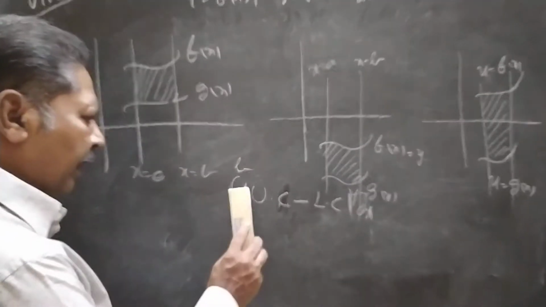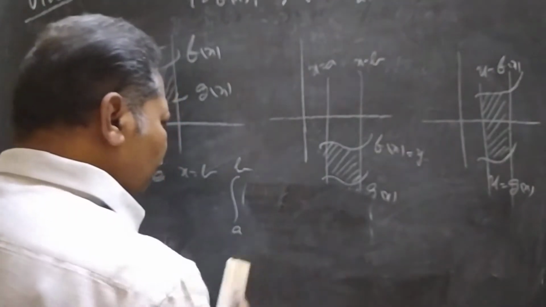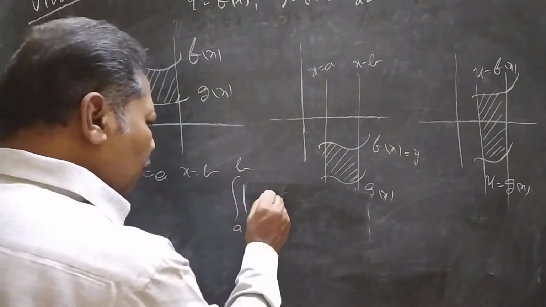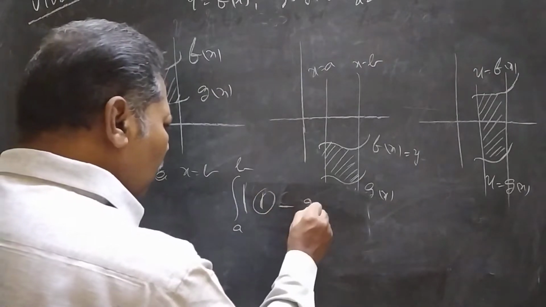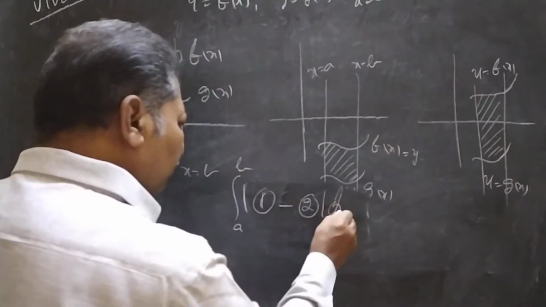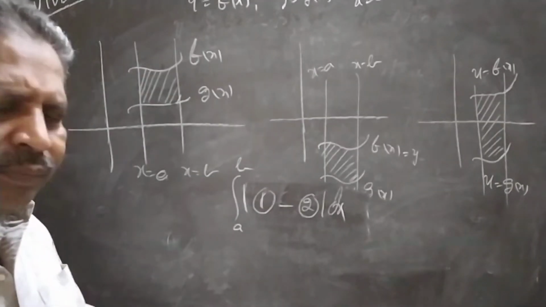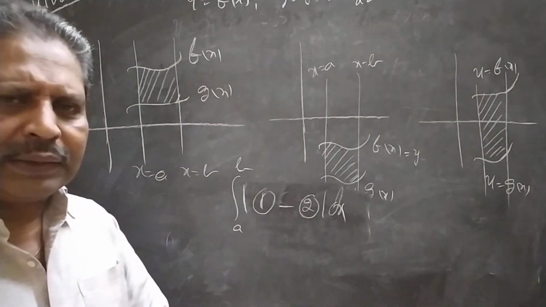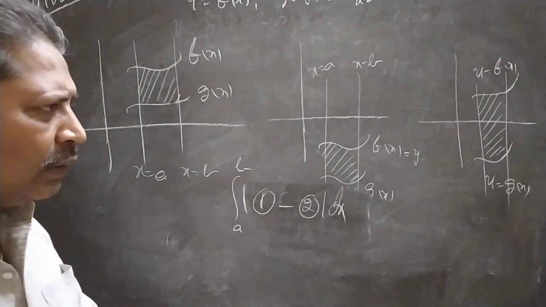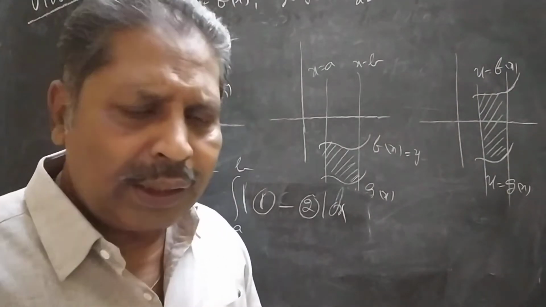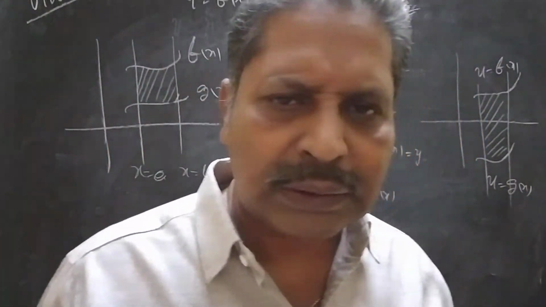Or take it as the modulus of first curve minus second curve dx. So this is the area between the two curves.